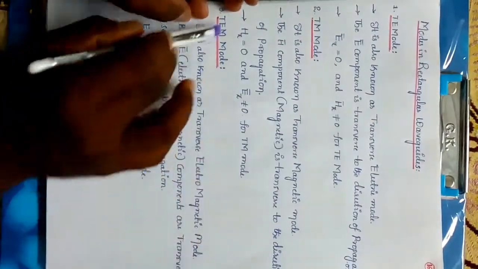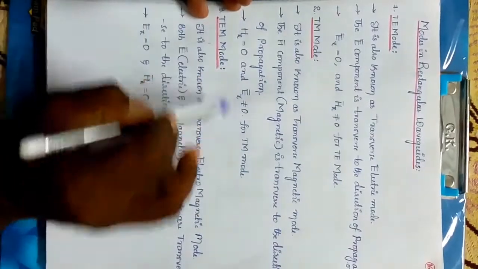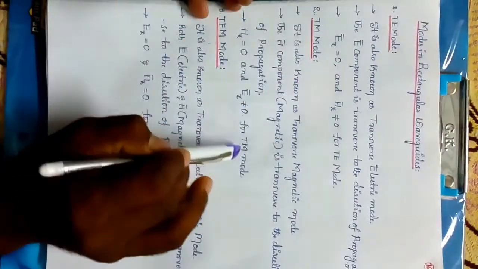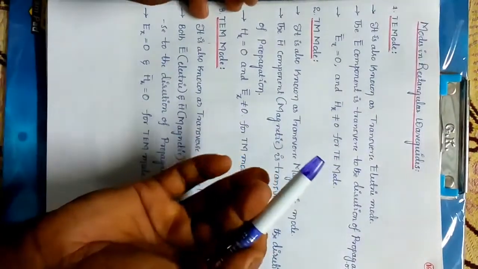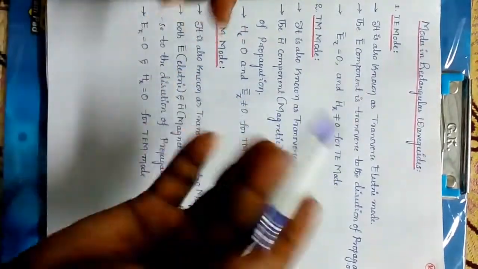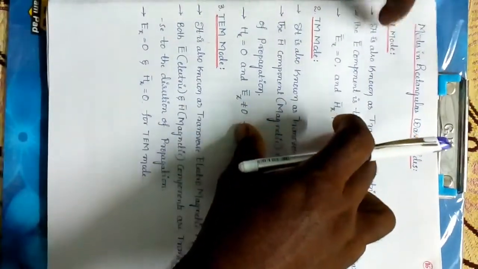Here E is the electric component and H is the magnetic component. So Hz is equal to 0 and Ez is not equal to 0. This is regarding the TM mode, transverse magnetic mode, where the magnetic field is transverse to the direction of wave propagation. Remember that. This is regarding TE and TM.